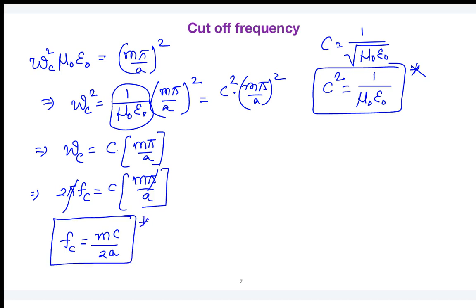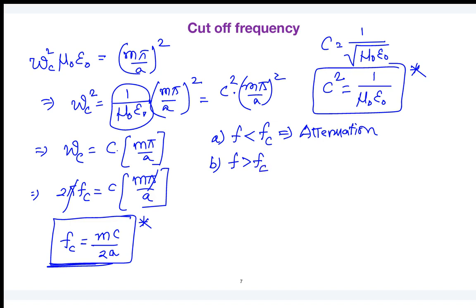This is a very important equation in parallel plate waveguides. What fc says here is, when the frequency is lesser than the cutoff frequency, there will be full attenuation. If your incoming frequency is more than the cutoff frequency of the waveguide, the wave can happily propagate without any problem of attenuation.